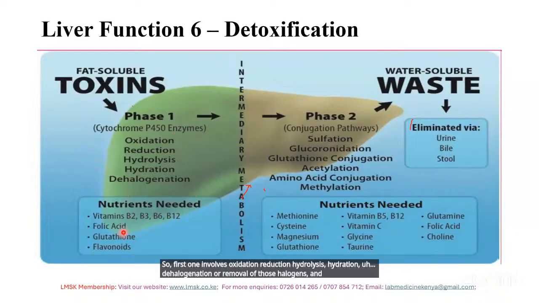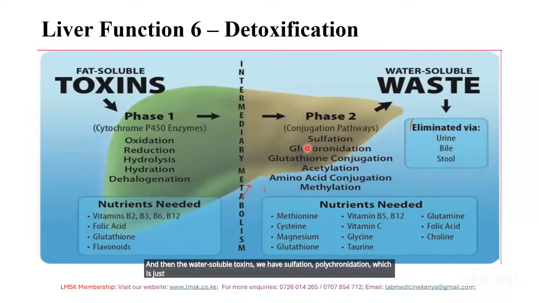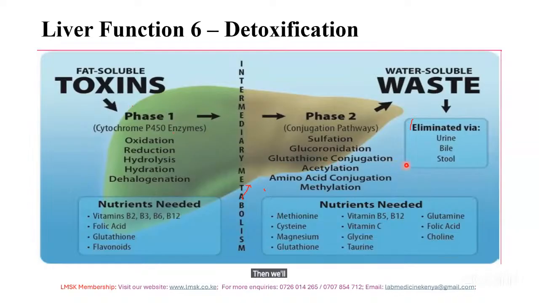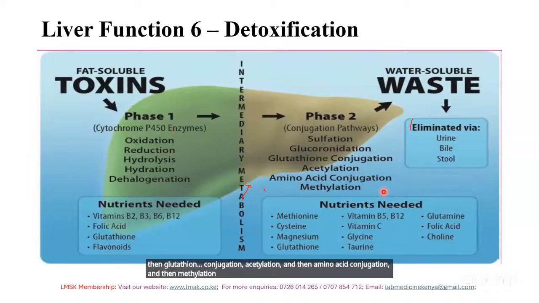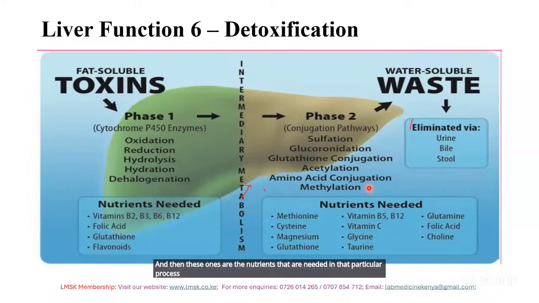And for the water-soluble toxins, we have sulfation, glucuronidation, which is just conjugation, then glutathione conjugation, acetylation, amino acid conjugation, and methylation. All those are pathways through which wastes are excreted in the liver. Then these wastes are eliminated in urine, bile, and stool. And these are the nutrients that are needed for that process to be facilitated.